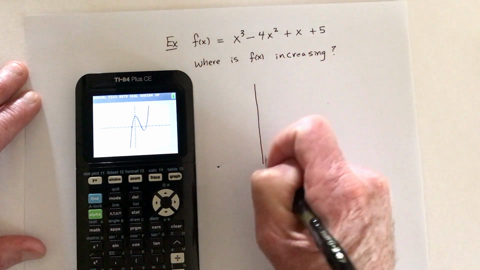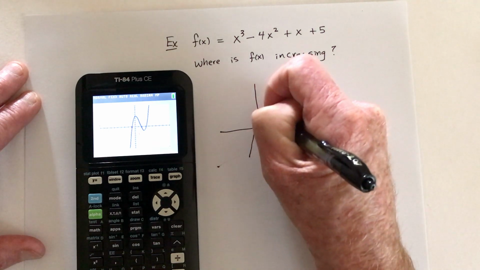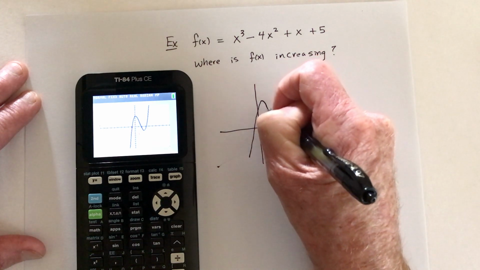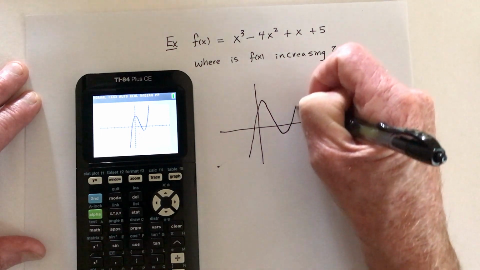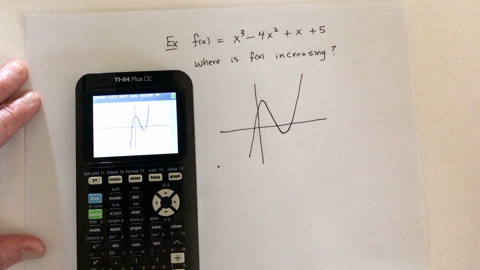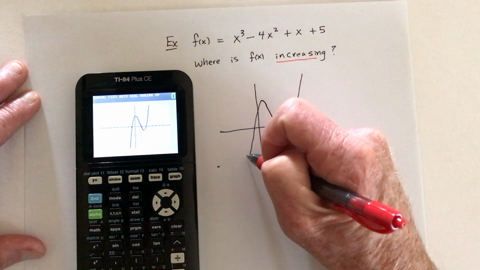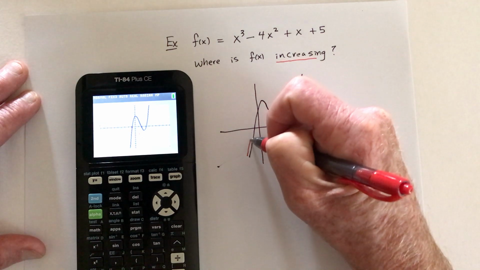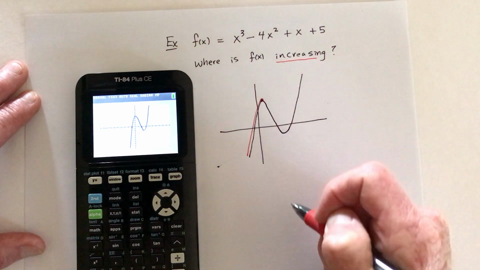And the general shape of that one is it goes up until right about here, then it goes down, and then it goes up. So where is it increasing? So as you follow the graph, this is increasing until it gets to the top right there.